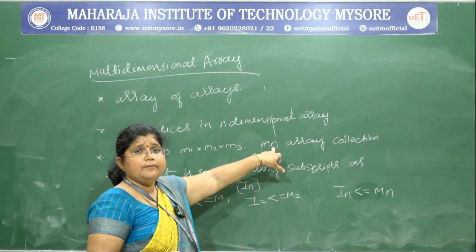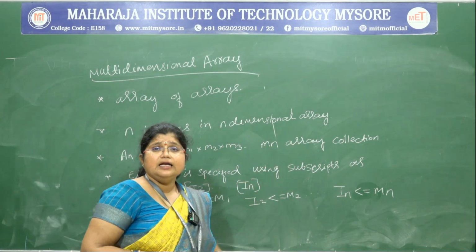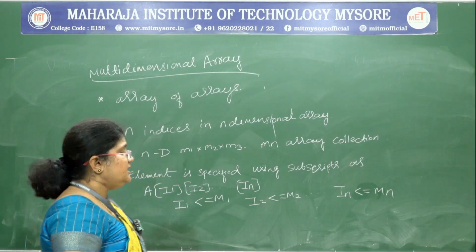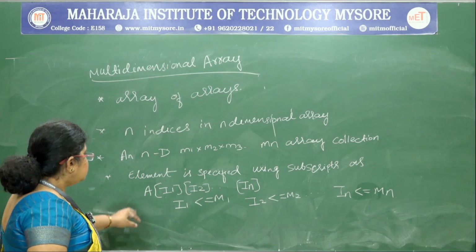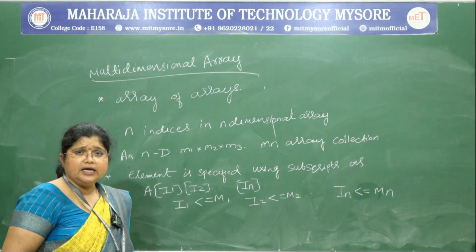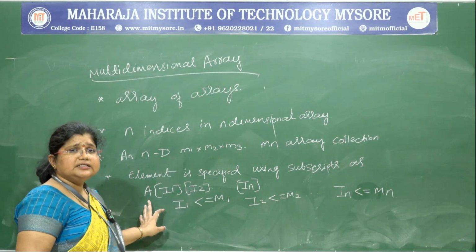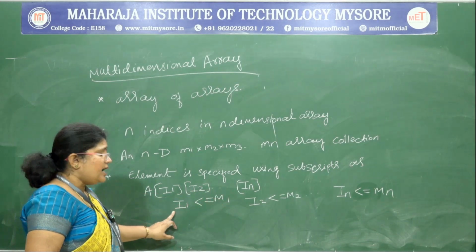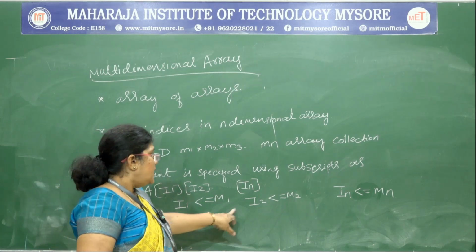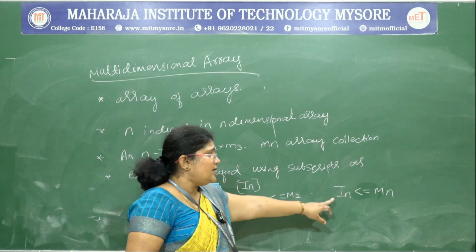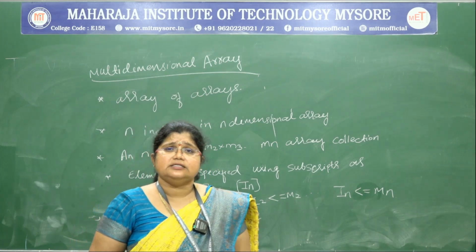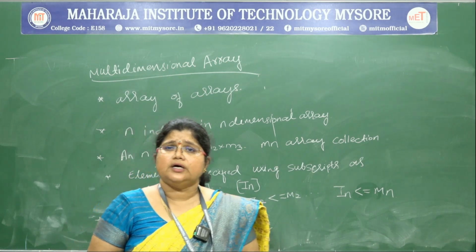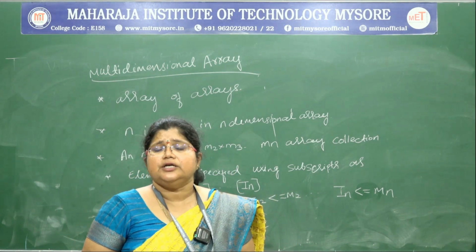So m cross n number of data elements are going to be present in the multi-dimensional array. Next, the elements in a multi-dimensional array are represented by an index a of I1, I2, In, where I1 is less than or equal to M1, I2 is less than or equal to M2, and it goes on till In is less than or equal to Mn.